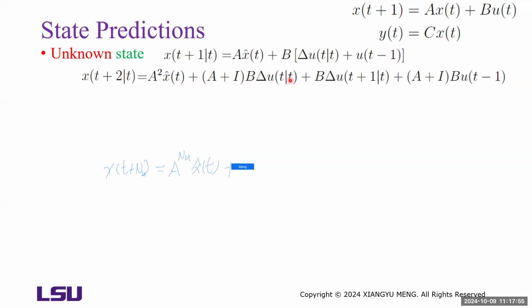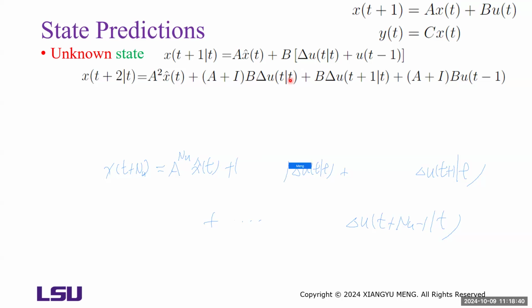Then we start with a polynomial. The control input will be delta u t|t, plus delta u t plus 1|t, and continue until one less than t plus nu, that is delta u t plus nu minus 1|t. So the control input increases by 1 starting from u t|t.